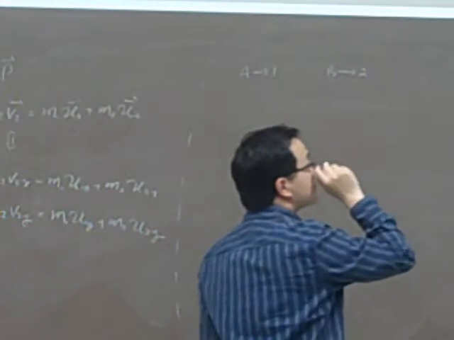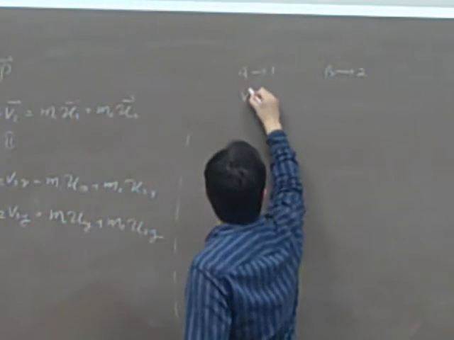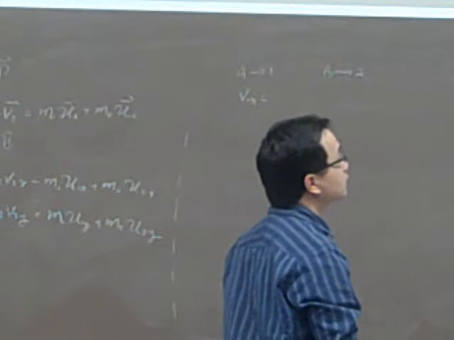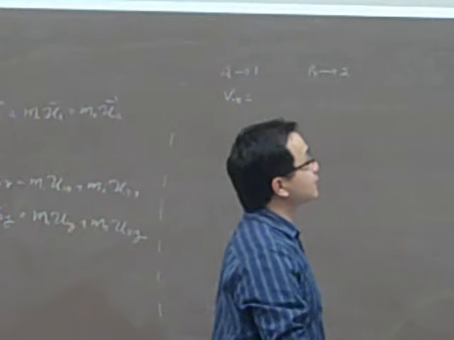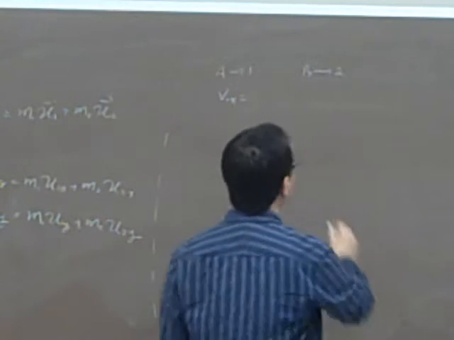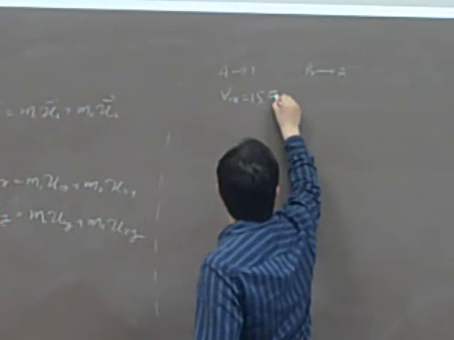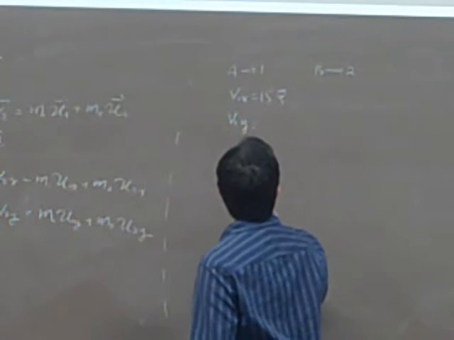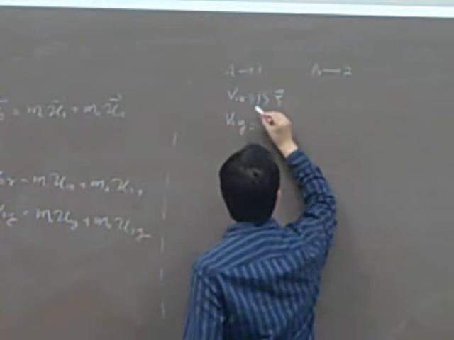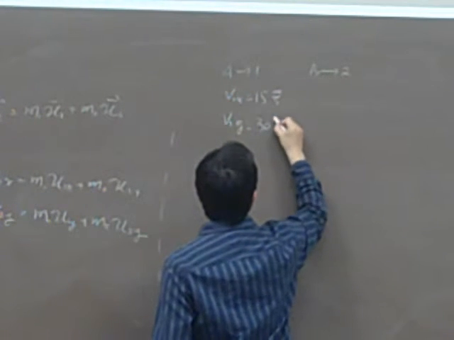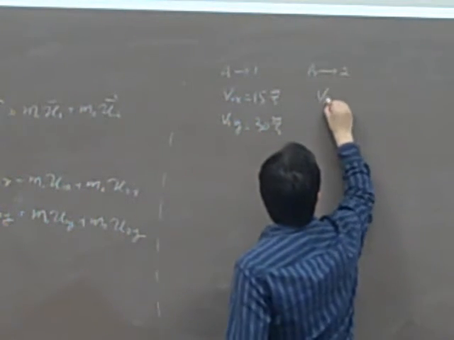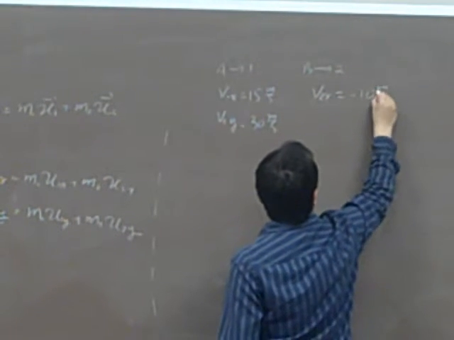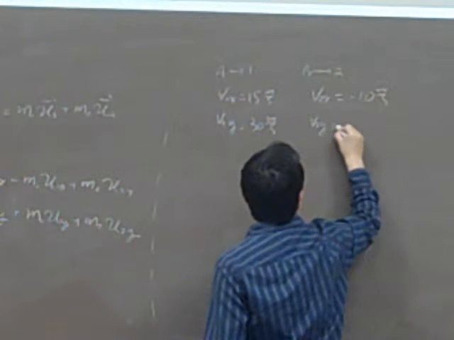So what we have is v1x equals, what's v1x? 15. And v1y, can you tell me what's v1y? 30. What's v2x? Minus 10. What's v2y? 5.